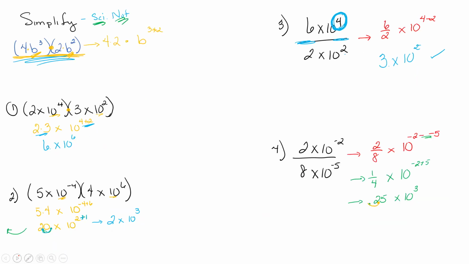They start decreasing. So 1 to the right means I get to subtract 1, which means my final answer will be 2.5 times 10 to the power of 2.